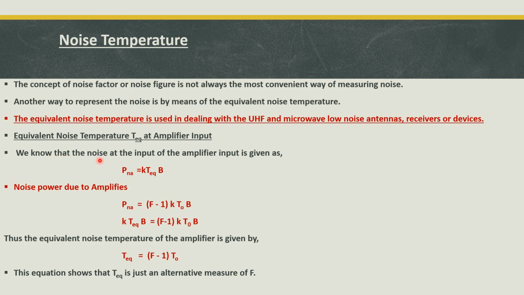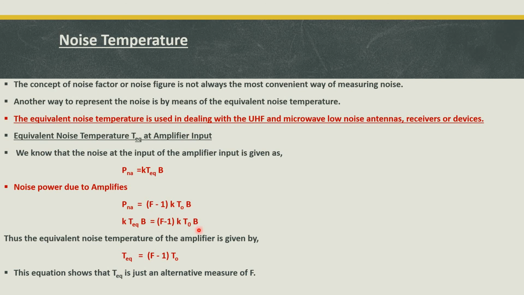We know that the noise at the input of the amplifier is given as PNA equal to K T equivalent B. The noise power due to the amplifier PNA equal to (F minus 1) K T naught B. This was calculated in the previous slides for a single stage amplifier, the noise contribution.